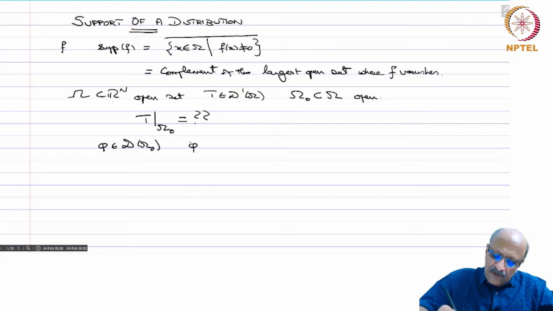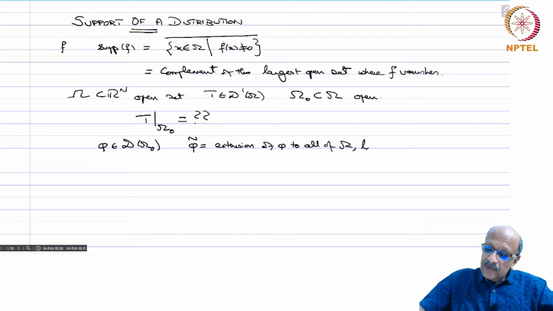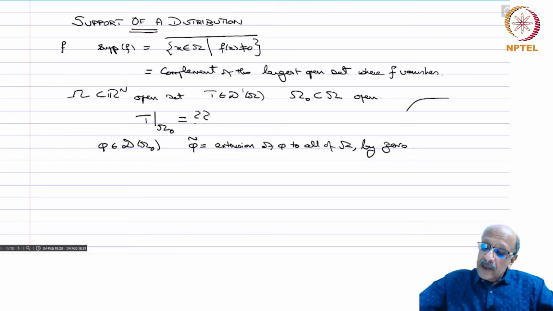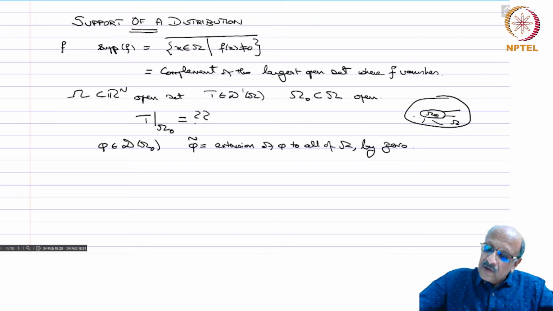Now you take phi tilde, the extension of phi to all of omega by 0. So you have omega here, you have omega naught here, and in all this other region you put phi equal to 0, and that is called the extension.